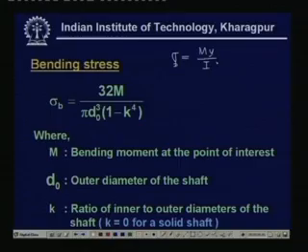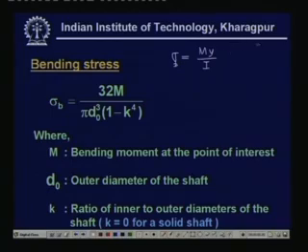Now, one thing I would like to say is that all these calculations are based on one idea: we are considering at this moment that the shafts have a circular cross section, which is indeed the situation in most cases. Now, if you substitute the value of y, the extreme fiber becomes d0 divided by 2.